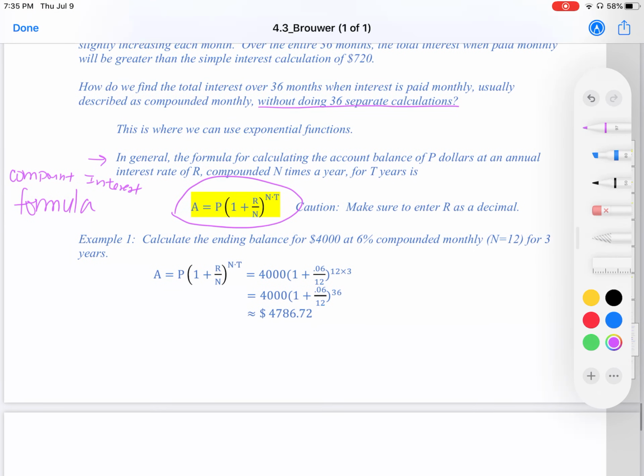All right, so just to emphasize what these letters mean, A is your amount, your ending amount. P is your starting amount, which is called your principal. R is your rate, so it's the percent you're given. N is how many times it's compounded.